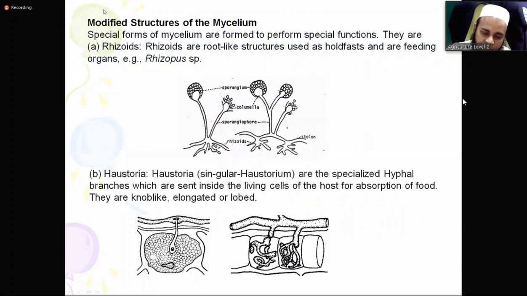Last class, we also discussed the modified structures of mycelium, how fungal mycelium is modified in different substrata. We said rhizoid. Rhizo means root; the word is usually used for a minute or small thing. So it is a very small root-like structure that cannot be seen by the naked eye, only in the microscope.